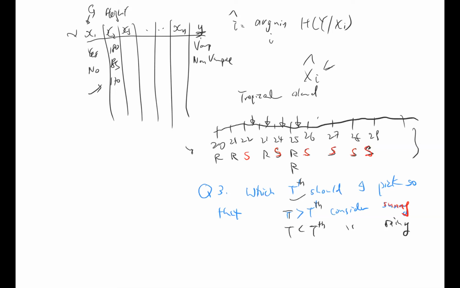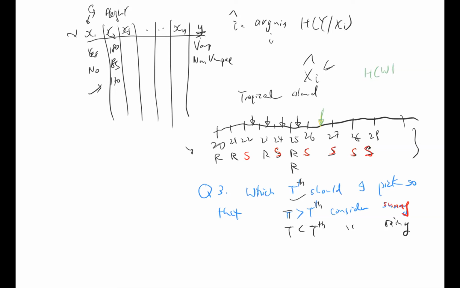So basically, naively, 26 and 27 are the temperatures that overlap. I will argue you definitely don't want to pick here, because if you pick here, what's H weather? Let me call this weather again.